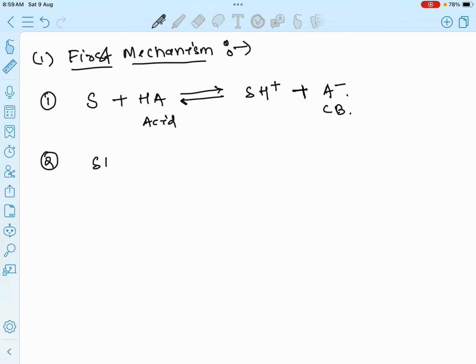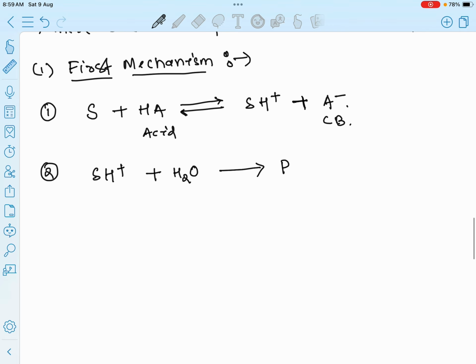This protonated substrate will lose the proton. If a water molecule is there, it will accept the H plus from the substrate and lead to the transformation of the substrate to a product species, which we have just seen.